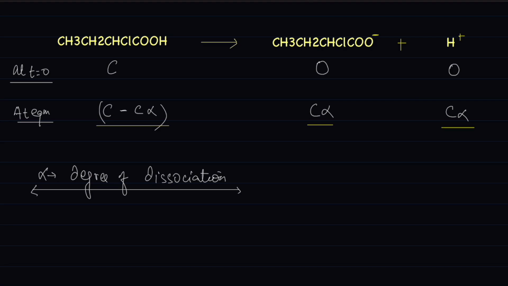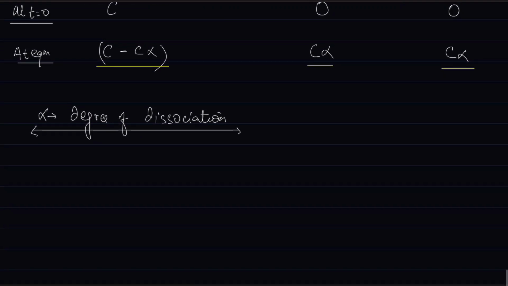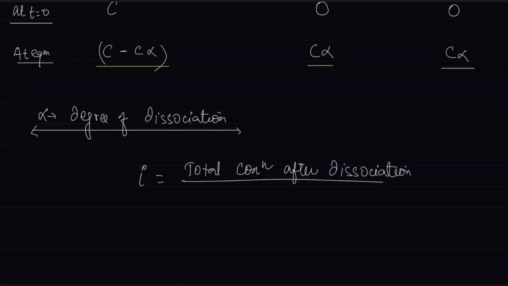So if we have to find the Van 't Hoff factor, we can use the formula i is equal to total concentration after dissociation divided by total concentration before dissociation.